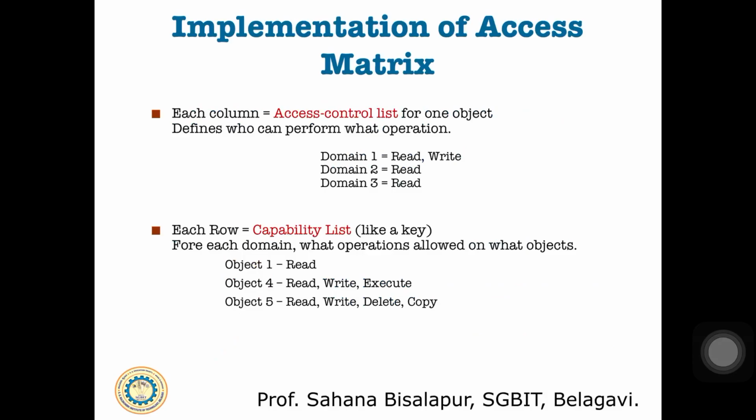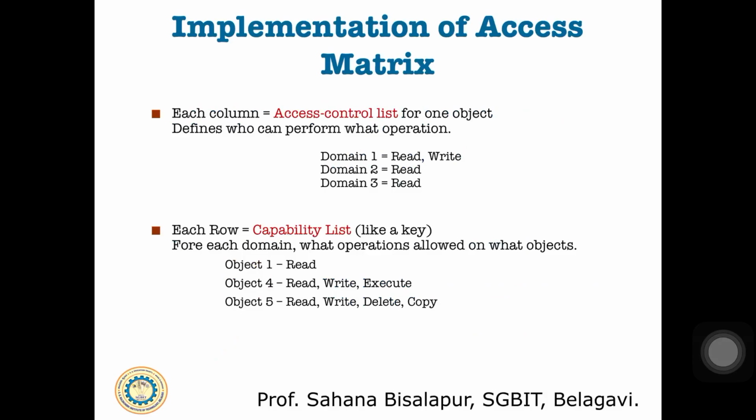Here that mechanism can be called a lock-key mechanism. This lock-key scheme is a compromise between access control lists and capability lists. Each object has a list of unique bit patterns which are called locks.